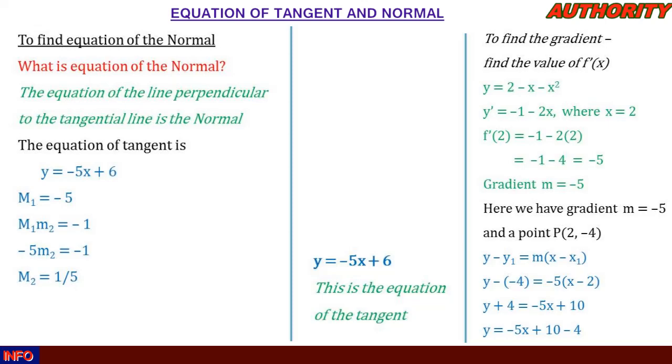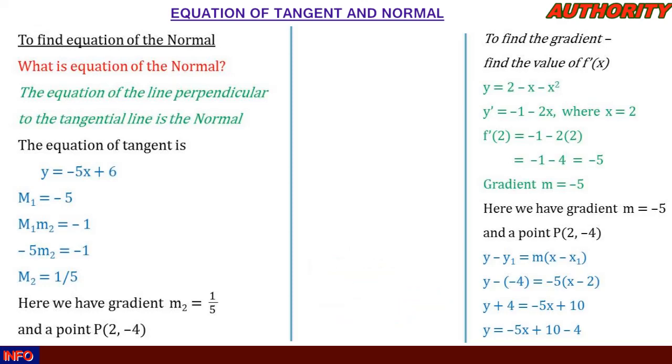We have gotten the gradient of the line that is perpendicular to this equation of the tangent that we just solved. We are still going to make use of the same point, but now the gradient is different. Now let's go. Here we have the gradient of the normal and the point. The gradient is 1 all over 5 and the point still remains the same, P of 2 comma minus 4.